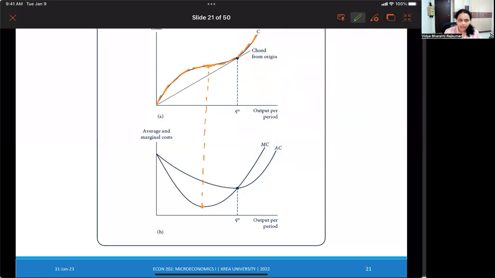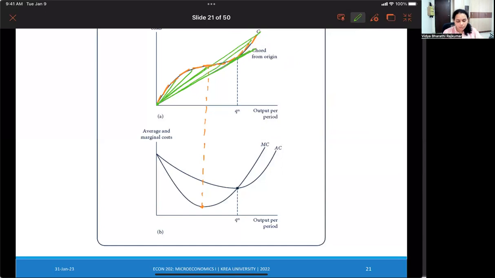The AC curve, on the other hand, is this: whenever you draw a line from the origin to any point on your cost function, the slope of that line is my average cost. Initially, the average cost is coming down. Then there's a certain level of output where this chord from the origin happens to be tangential to my cost function itself. Beyond that point, my average cost starts rising again.